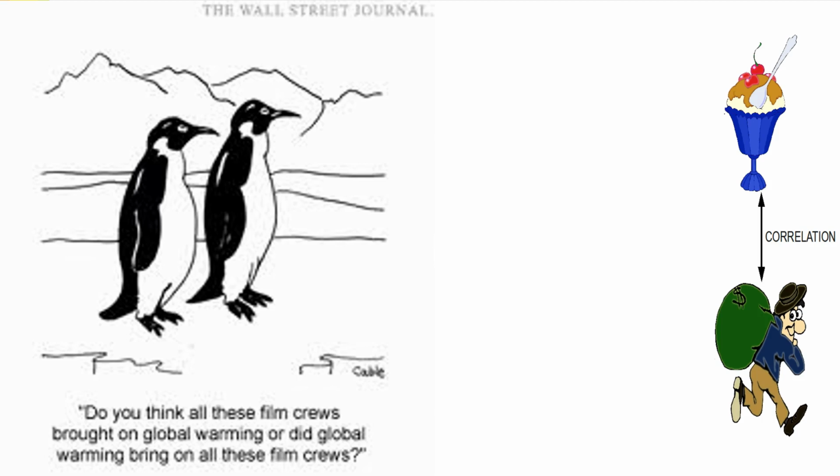All right, so here's a couple reasons why. One is we might not know the actual direction of the relationship. Like with the penguins here, it says, do you think all these film crews brought on global warming, or did global warming bring on all the film crews? So we don't know which one came first. I'll give you the example of partying and grades. We can say that maybe we have a really strong correlation in that if we see a lot of partying, we're also seeing lower grades.